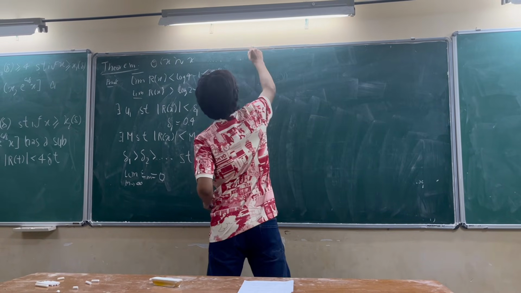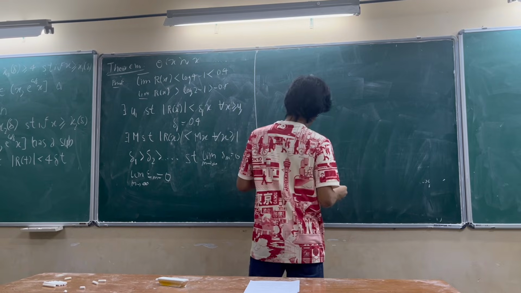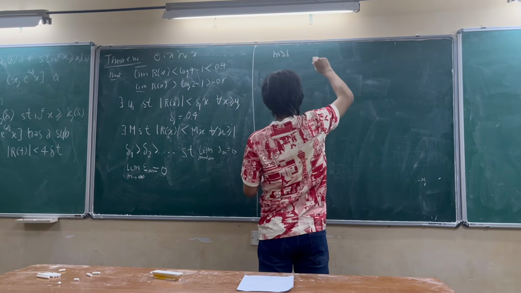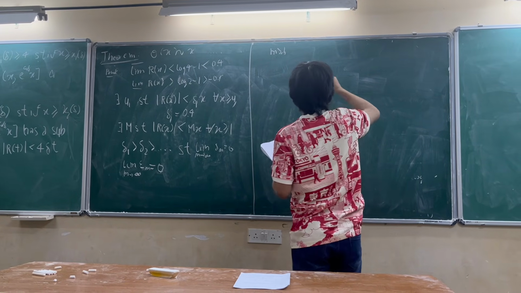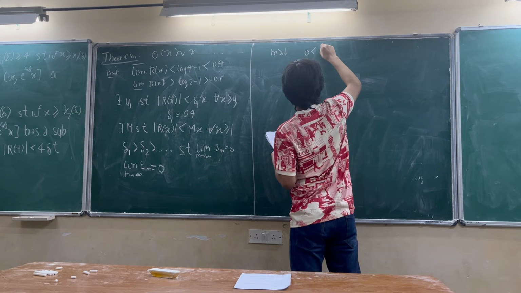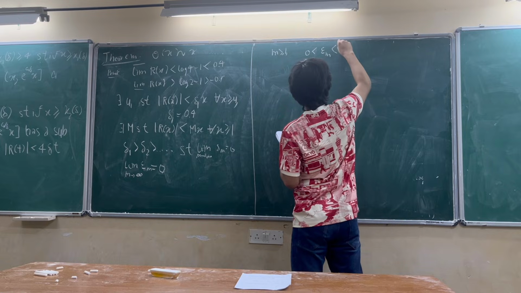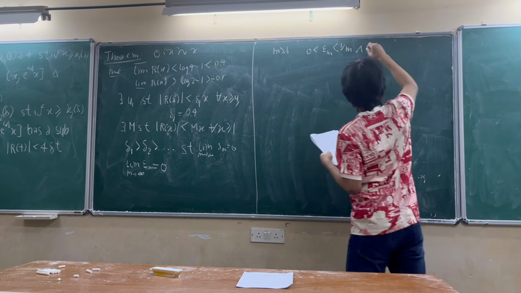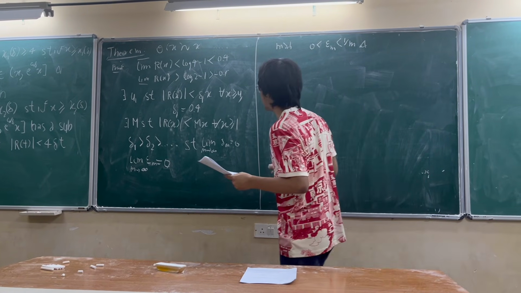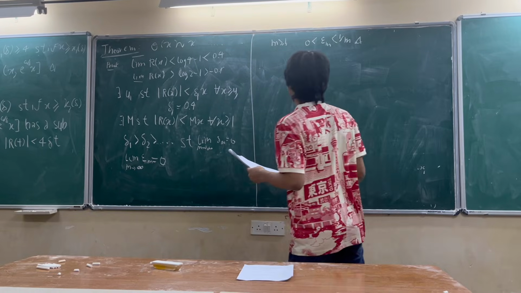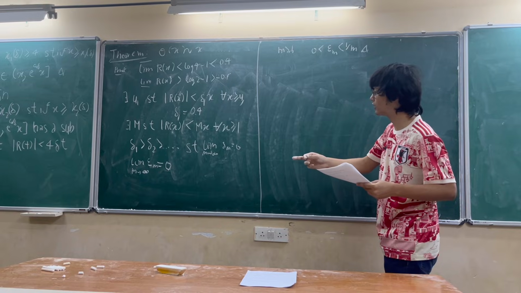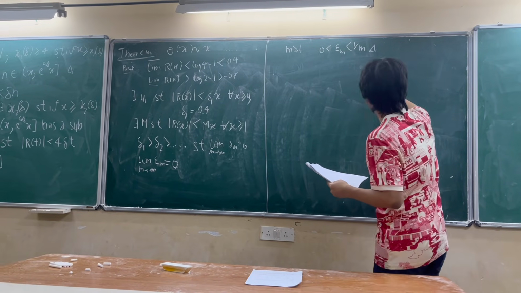So we define our sequences as follows. Let us suppose we have some m greater than or equal to 1 and we want to pick epsilon m. Then we pick epsilon m such that 0 is less than epsilon m is less than 1 by m. And if you have a delta n already picked, so we have delta 1 already. Now corresponding to delta 1 we can pick epsilon 1, corresponding to epsilon 1 we pick delta 2, corresponding to delta 2 we pick epsilon 2, and so on and so forth.